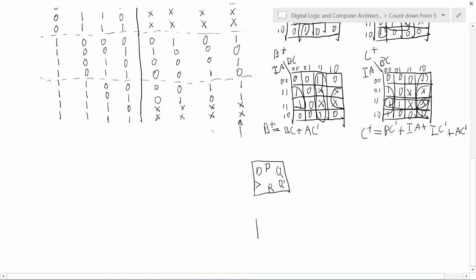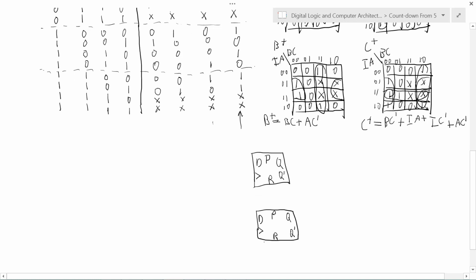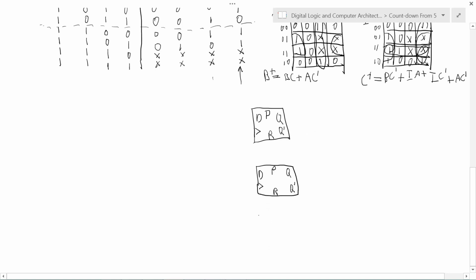Let's place a second flip-flop. We need a D input, clock, reset, preset, Q and Q prime. And then our third flip-flop. This will give us our 3-bit register.